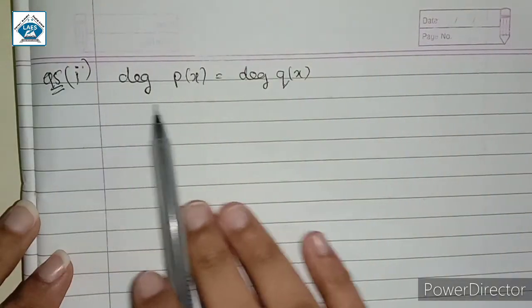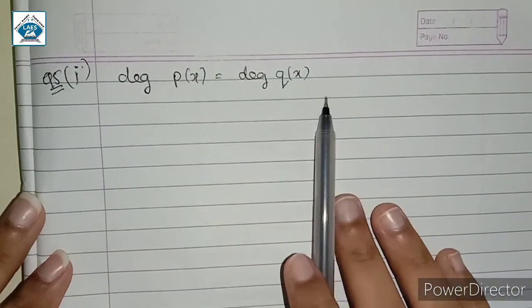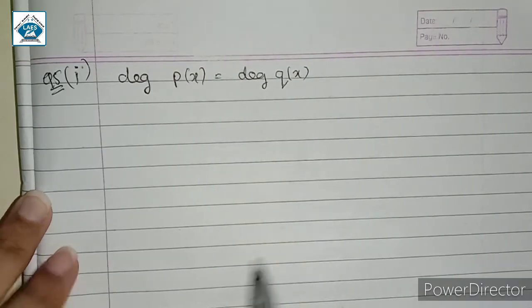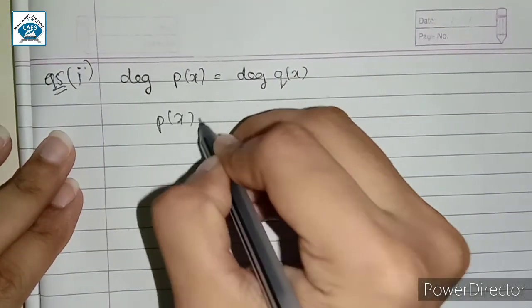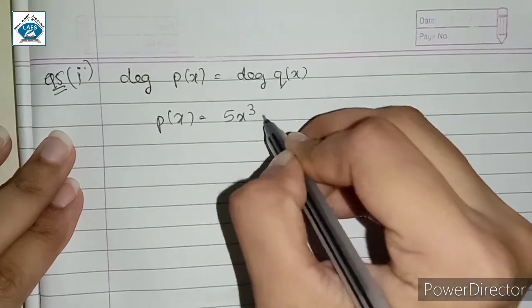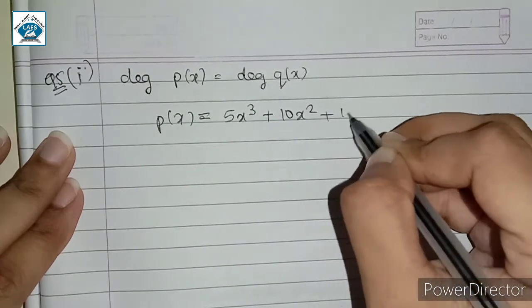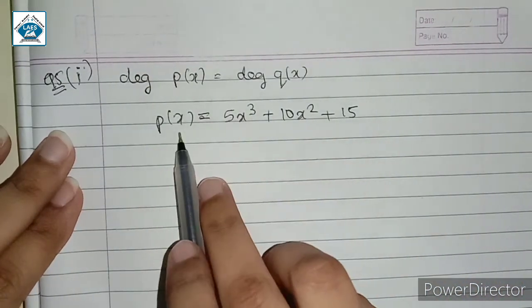In the first question, degree of p(x) should be equal to degree of q(x). That means degree of dividend should be equal to degree of quotient. So let us take p(x) is equal to 5x cube plus 10x square plus 15. This is the dividend.